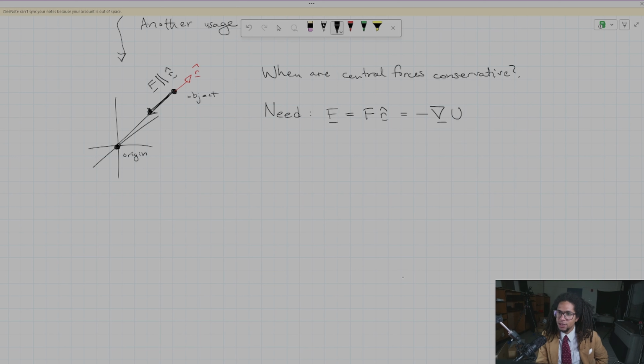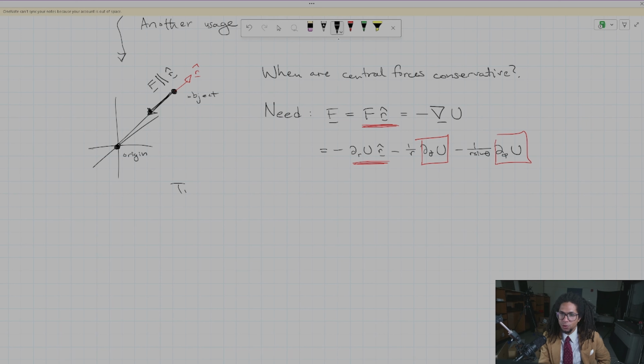Well, let me express the gradient of U in spherical coordinates using the formula that we just developed. This is going to be minus, from this minus sign here, the r derivative of U in the r hat direction, minus 1 over r times the theta derivative of U, minus 1 over r sine theta times the phi derivative of U. But because I need this to only be in the r direction, I must have that these two derivatives vanish.